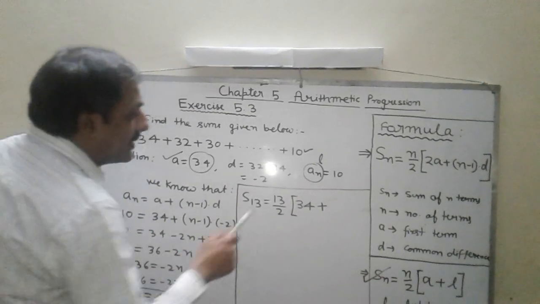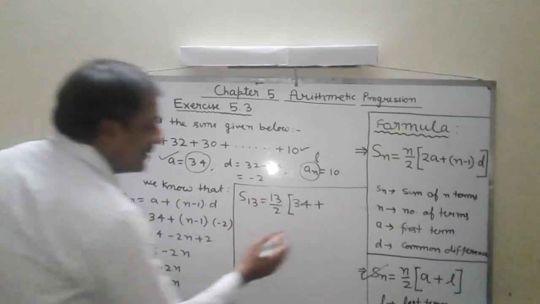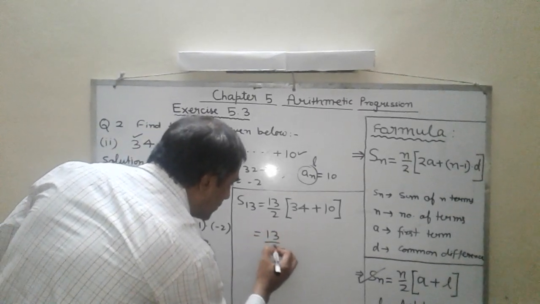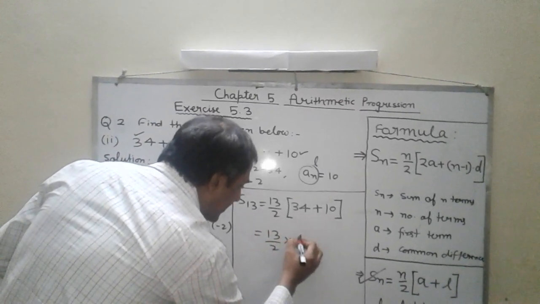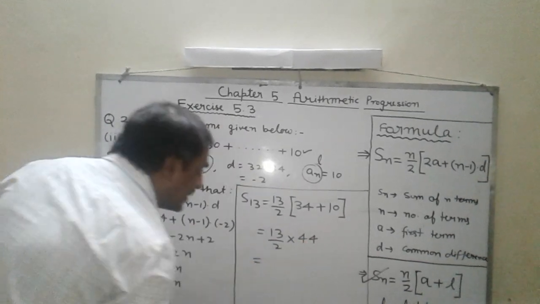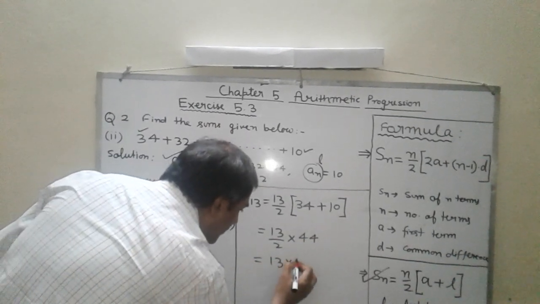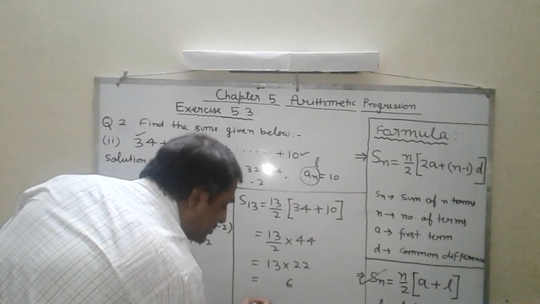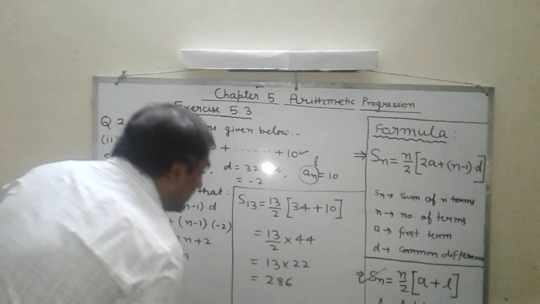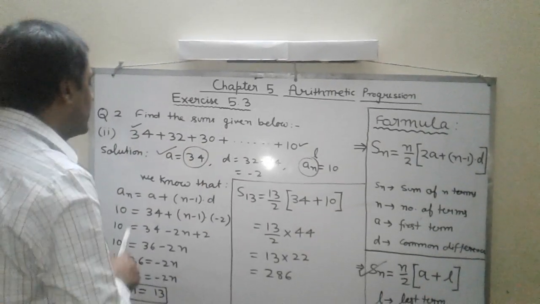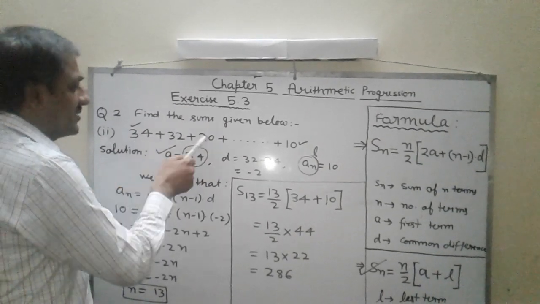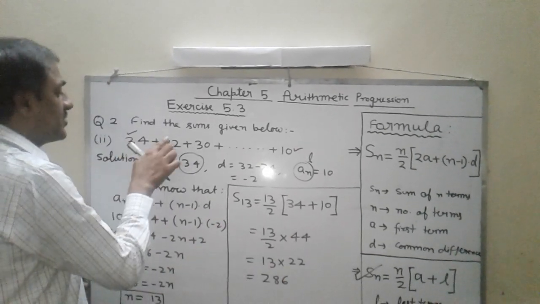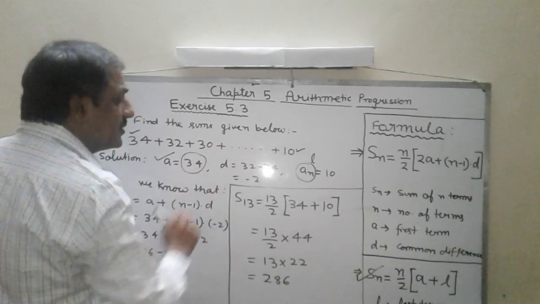This is the l. l is equal to 10. 13 upon 2 into 44. 13 into 22. 13 twos are 26, 13 tens are 260, plus 26, 286. This is the sum of all these terms. It means 286 is the sum of 34, 32 and so on up to 10.